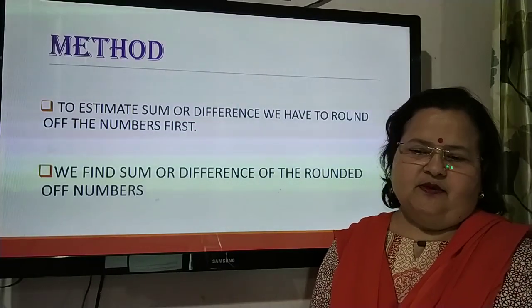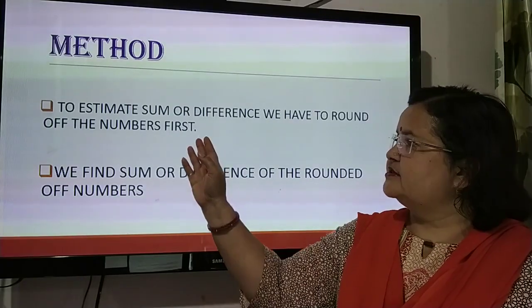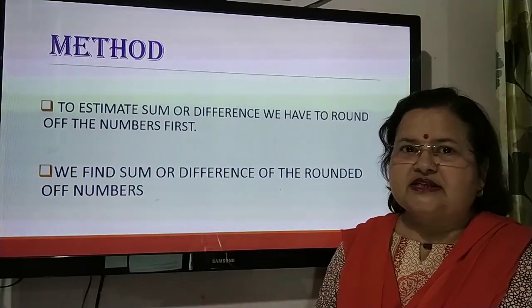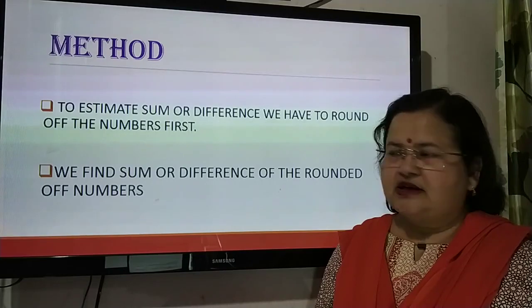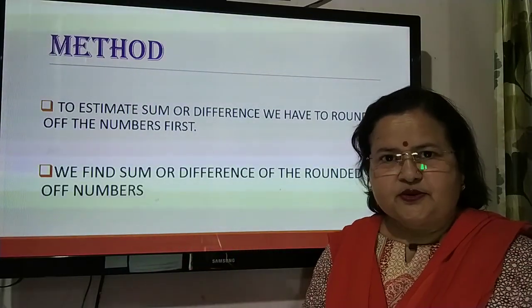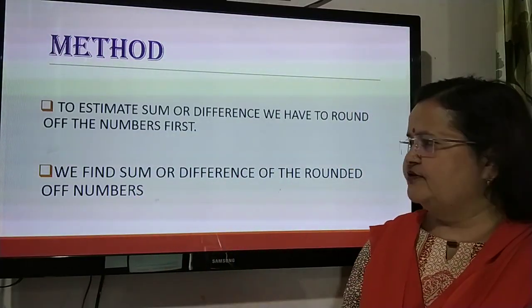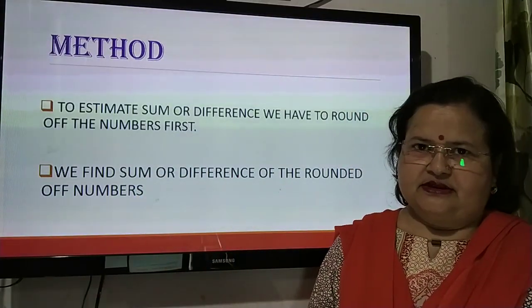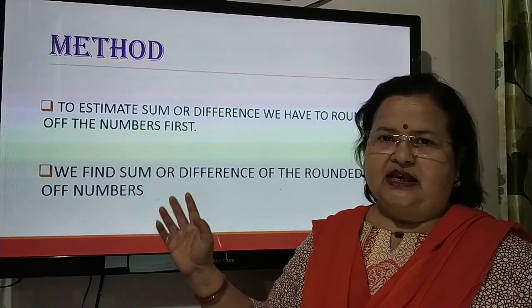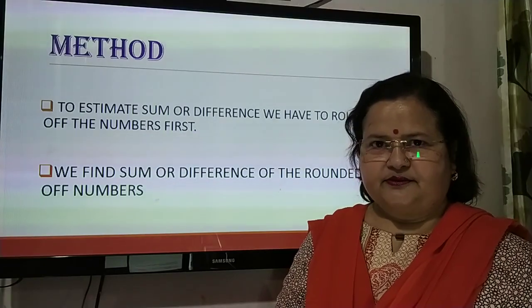To estimate a sum or difference, we have to round off the numbers first. So the first step included in estimation is how to round off. Then we find the rounding off of the number, and then we find the sum or the difference of the rounded off numbers. So as you can see, the estimation is based on rounding off.